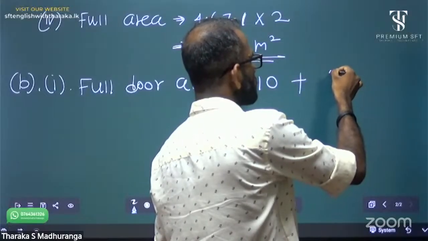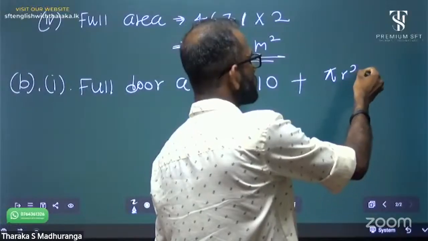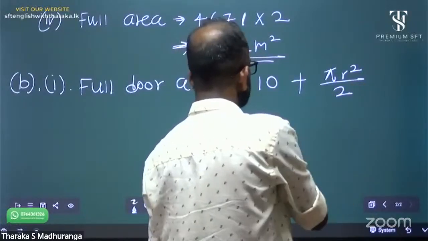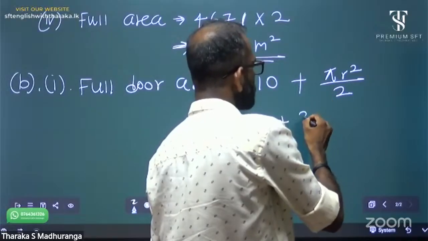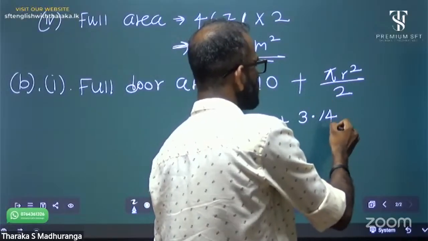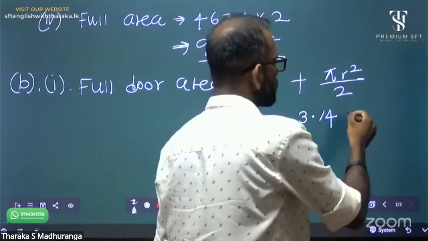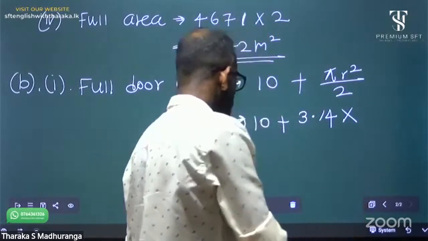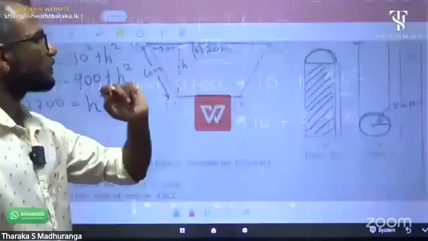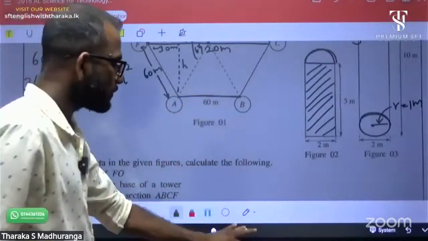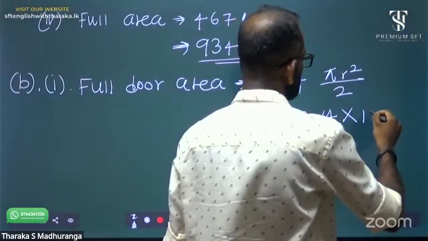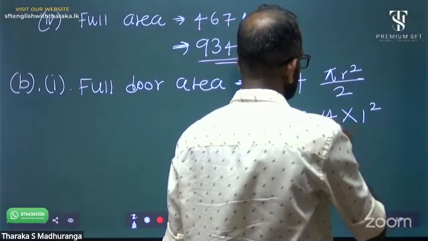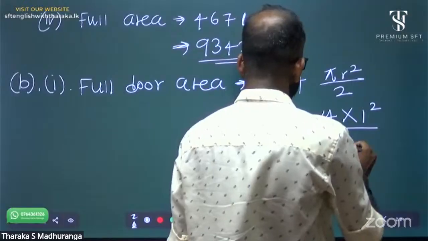Semicircle area is pi r squared over 2. Then 10 plus 3.14, it is given, times the radius squared. What is the radius? 1 meter, right? 1 squared again 1. Divide by 2.